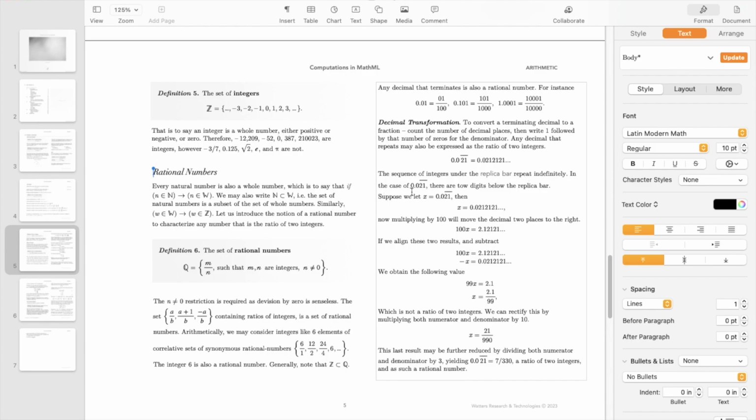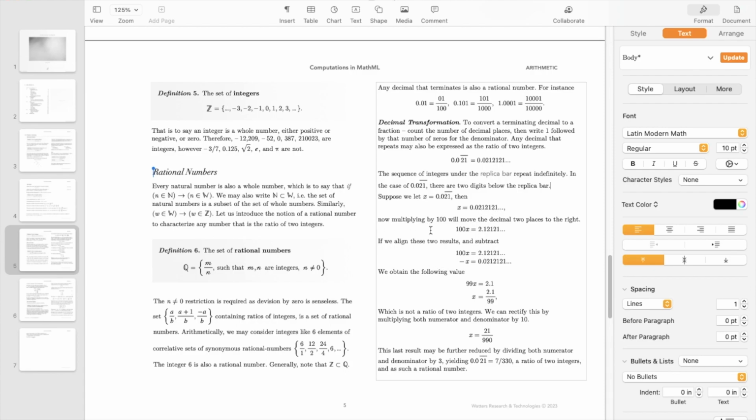In the case of 0.0 quantity 2, 1 repeating, there are 2 digits below the replica bar. Suppose we let x equal this number that we're considering here. Then we can write, by substitution, x equals this expression.